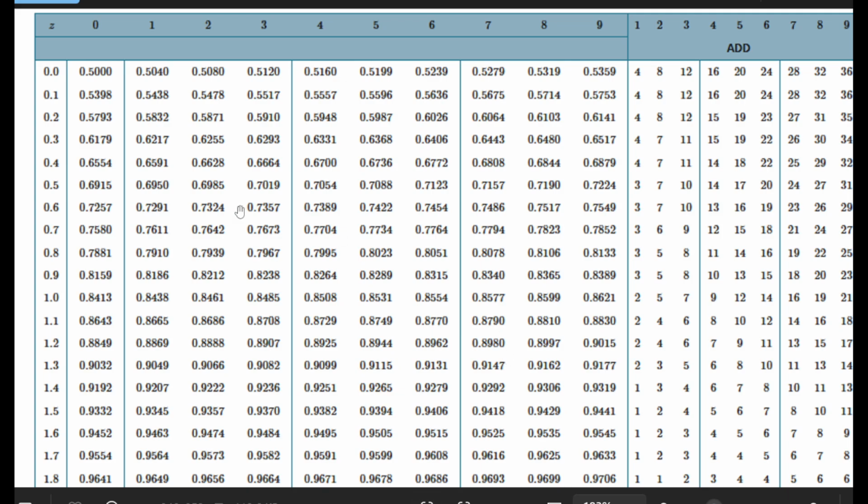Now let us find the value of phi of 0.875 by using the table. So 0.8 and 7 and 5. So 0.8078.